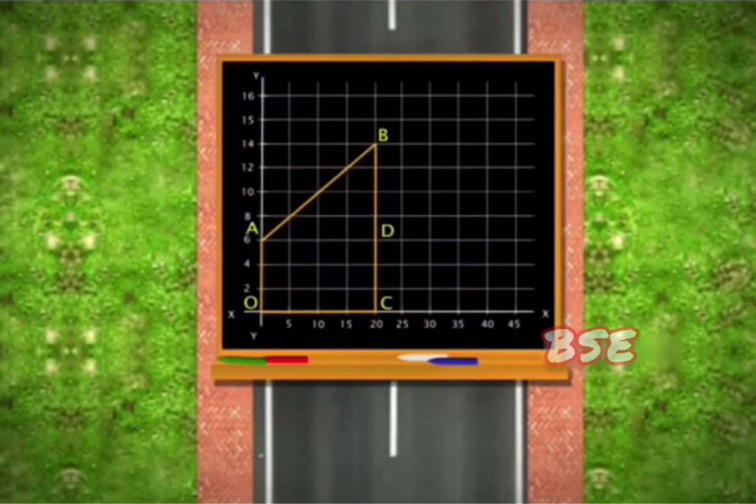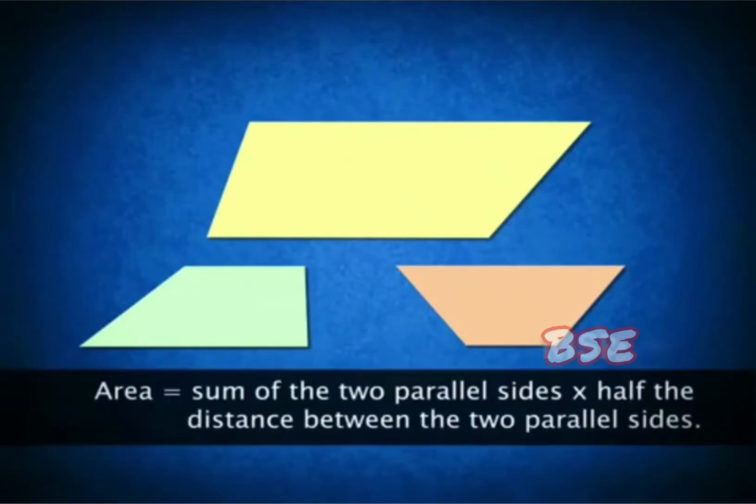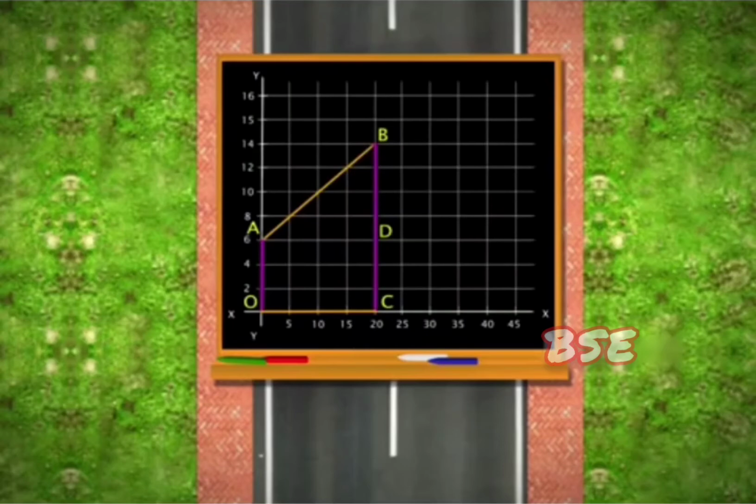The area of this trapezium represents the distance covered by the car. Do you recall the formula for finding the area of a trapezium? The area of a trapezium is the sum of the two parallel sides multiplied by half the distance between the two parallel sides. In our velocity time graph, the two parallel sides are OA and BC, and the distance between them is OC.